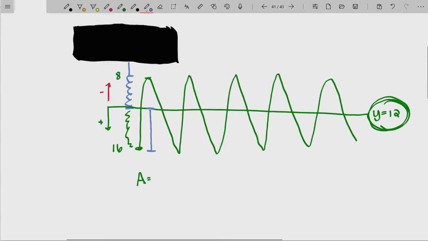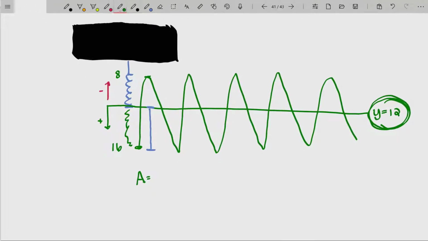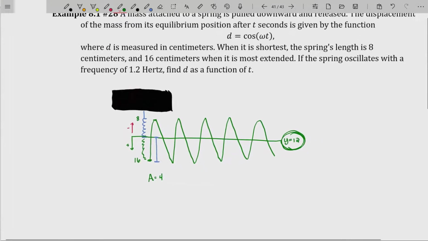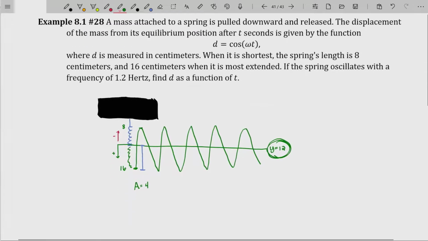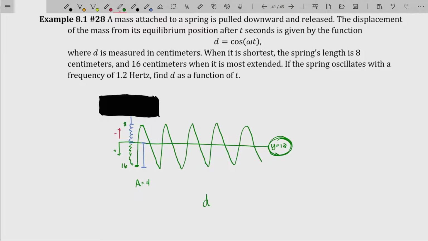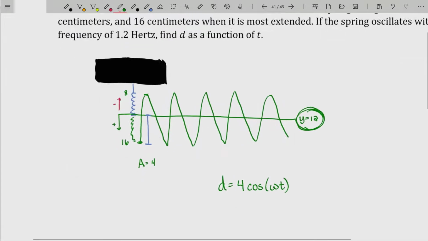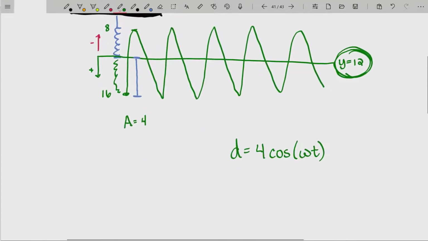In this case, we'll just use the minimum, but it's the same number either way. The amplitude is 4. So I happen to know that our cosine function, which in this problem kind of misled us a little bit, is d equals 4 times the cosine of omega t. We're not done with it, but just letting you know that the amplitude on this cosine function is a 4.